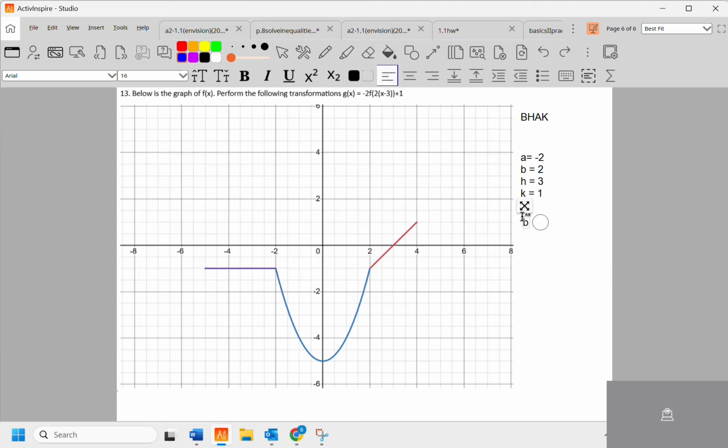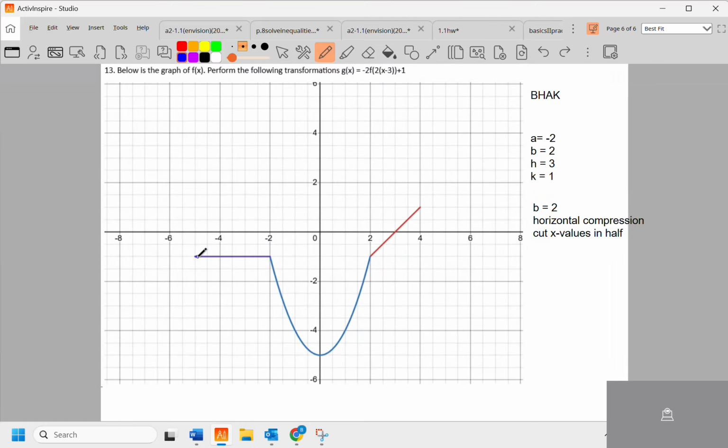So B. I know B is 2. This does not mean horizontal stretch. This is a horizontal compression. We cut our x values in half. So here's a guy at -5.